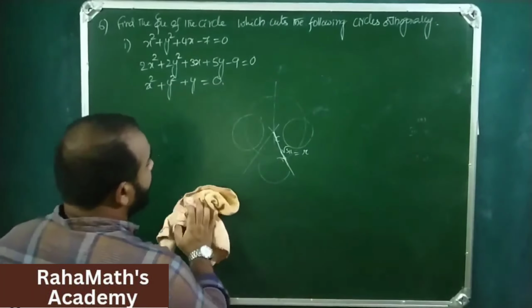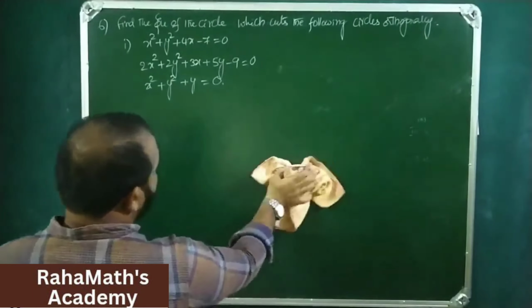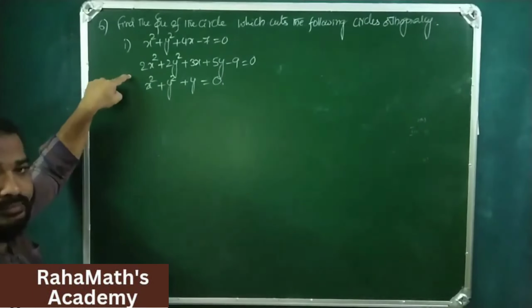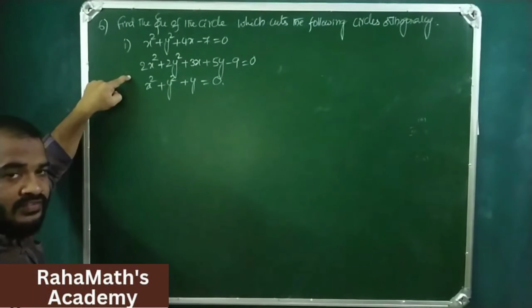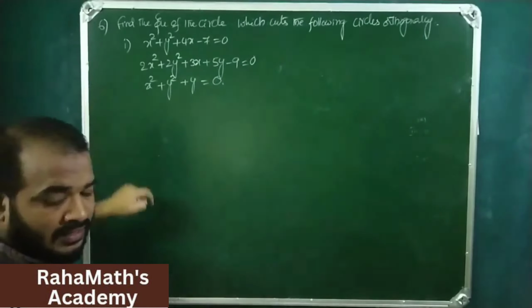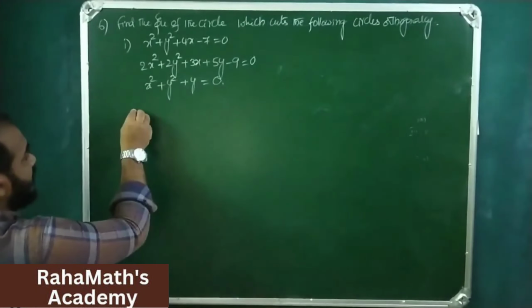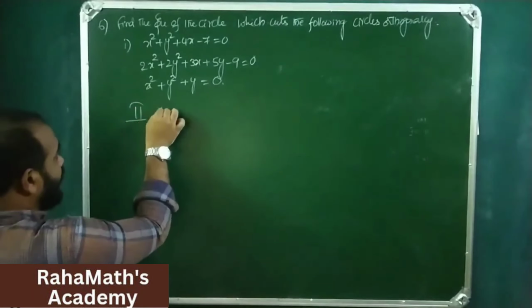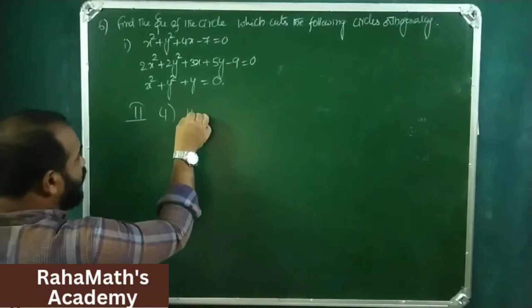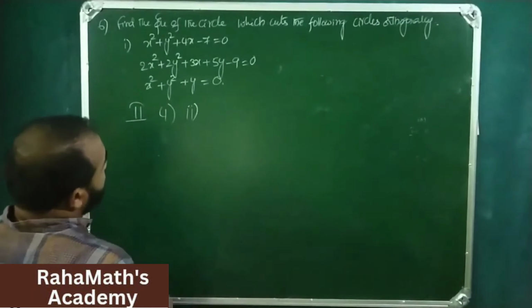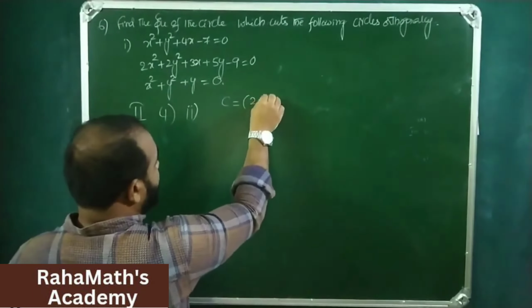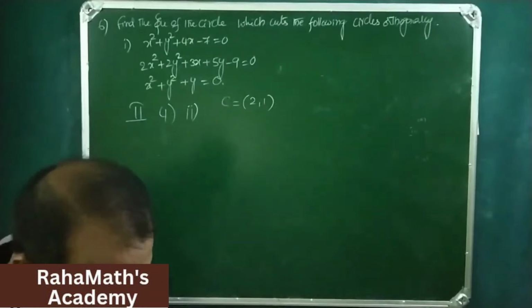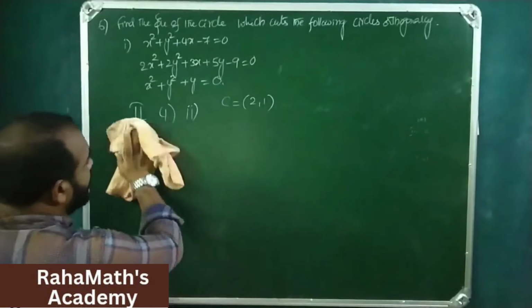One more thing, the same kind of problem we have discussed before in the 4th problem, second Roman, second question. There, the radical center C equals 2 comma 1 we have got. So, you may check it out also.